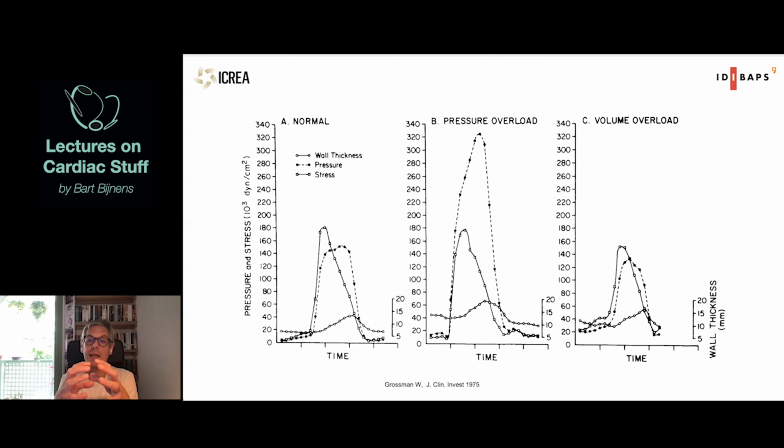So intrinsically you decrease your wall stress. Even if the pressure might peak by the end of the ejection, the wall stress is actually peaking in the beginning, just after the isovolumic contraction, sometimes even within the isovolumic contraction, because then you have the biggest size with, of course, the flattest areas.